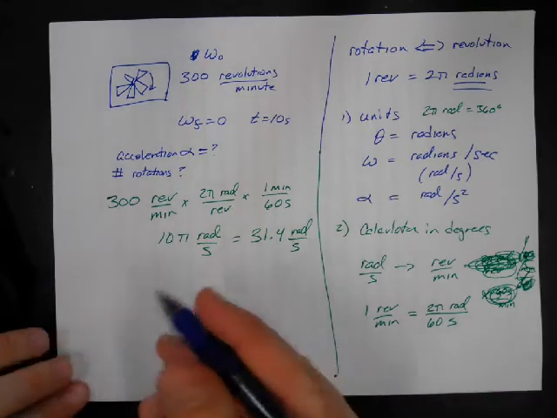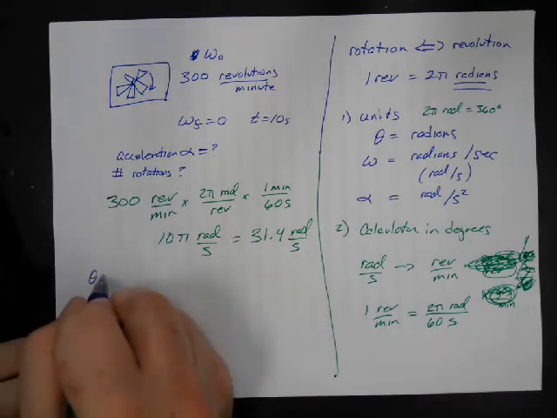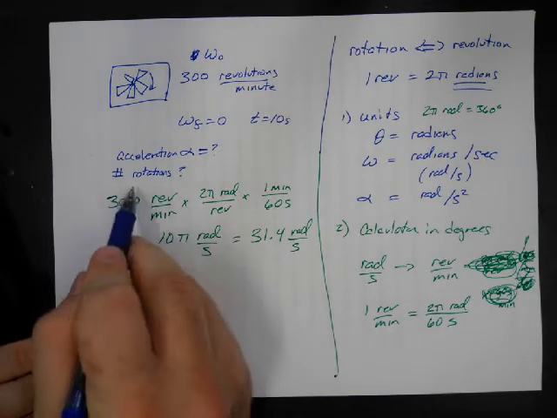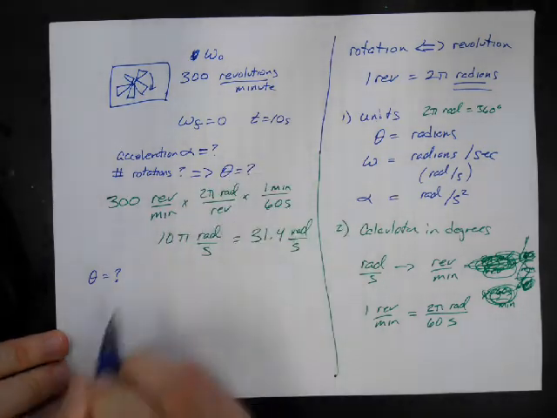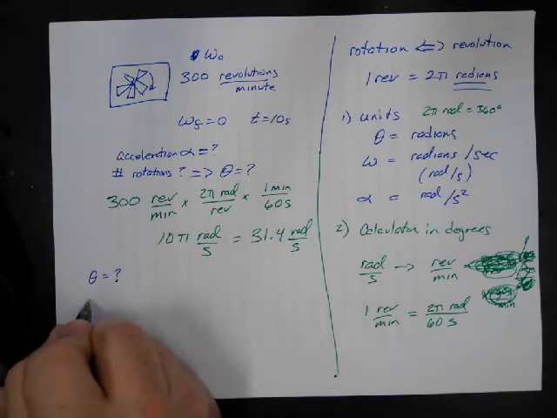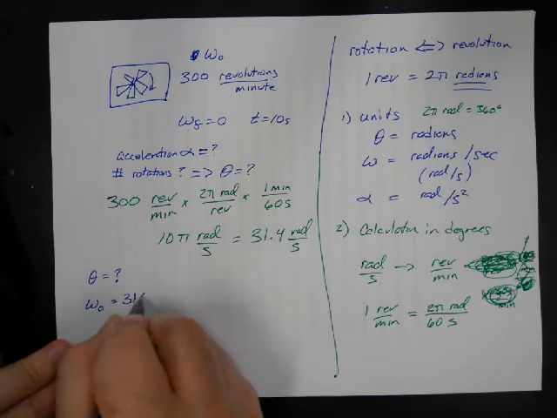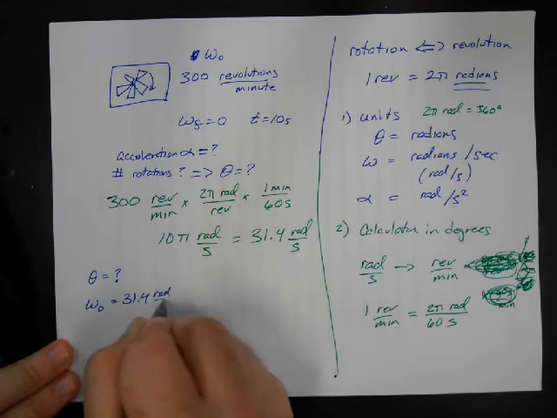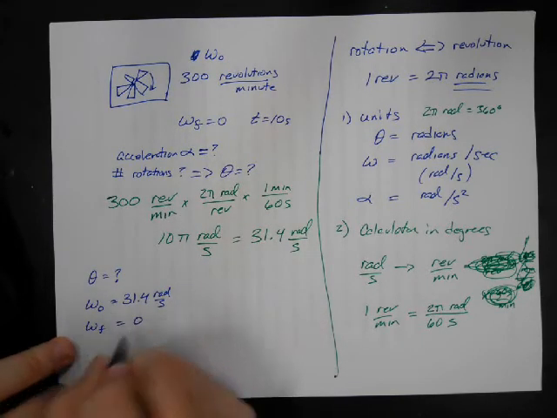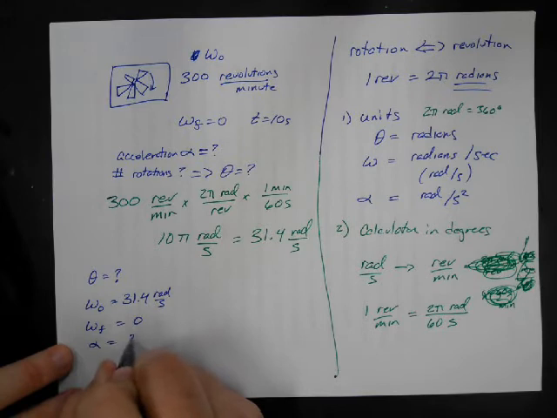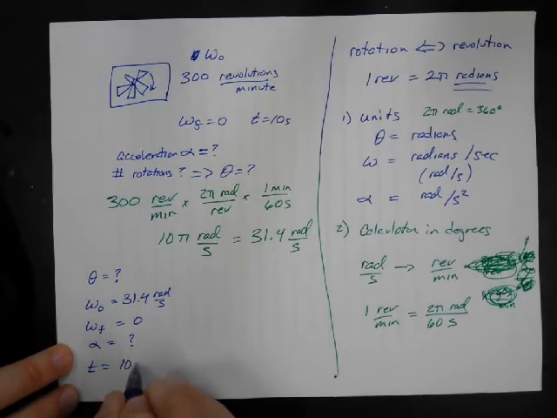So now we're going to organize this based on what we've already done for kinematics. We're going to do the same sort of organization. Our angle theta is something we want to figure out, the number of rotations. Our initial angular velocity is 31.4 radians per second. Our final, because it's going to come to rest, is 0. Our acceleration is something we want, and our time is 10 seconds.